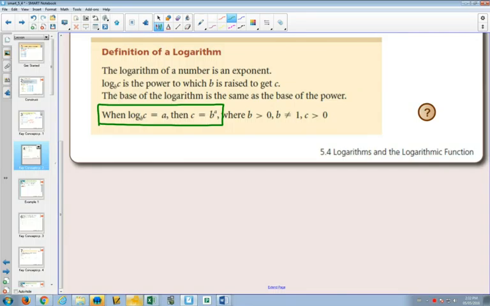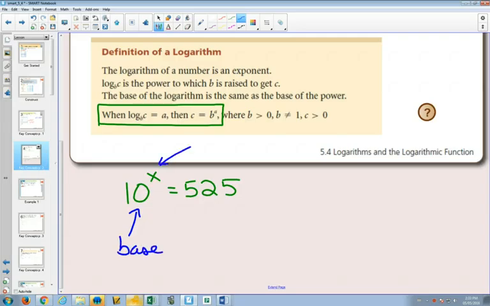The example was 10 to the power x equals 525. The 10 is our base, the x is our exponent, and I'll call the 525 our answer.